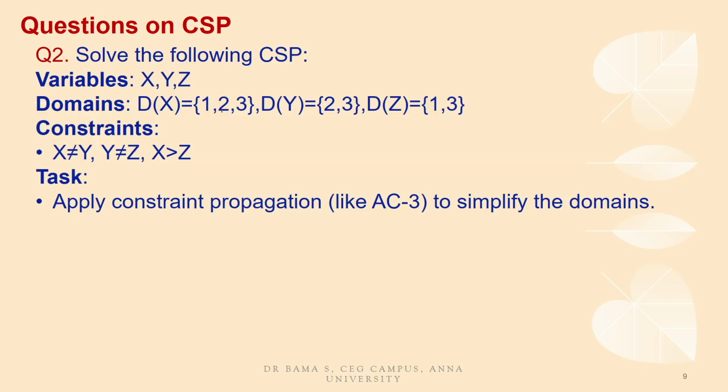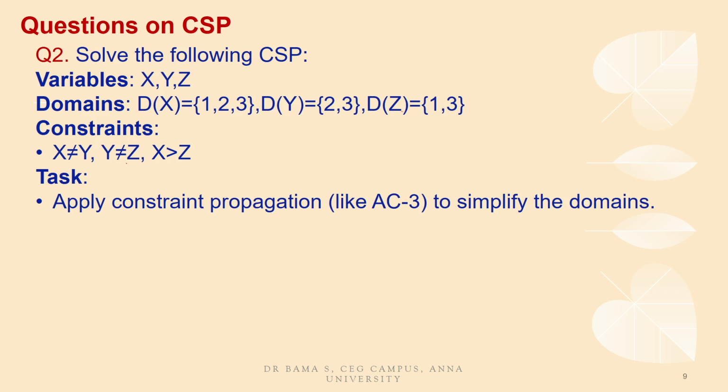Now, the second question that was given: given the variables x, y and z, the domain values are x has 1 2 3, y has 2 3 and z has 1 3, and these are the constraints: x not equal to y not equal to z, and x greater than z. For this problem, we have to apply constraint propagation like the AC3 algorithm.